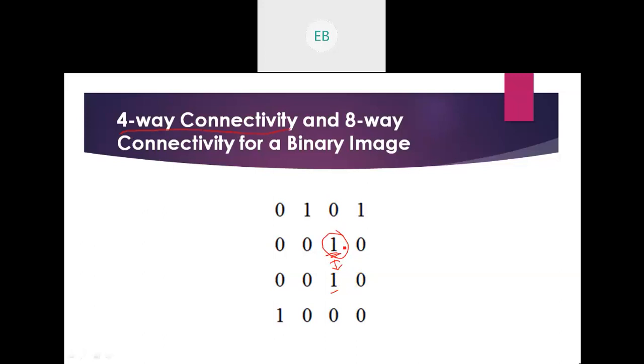Since the value is the same and it is also a neighbor, we can say this is four-way connected. Then we go on to this pixel. Suppose I'm taking this as my reference pixel for this image. So what is this pixel? How is it connected to this pixel?